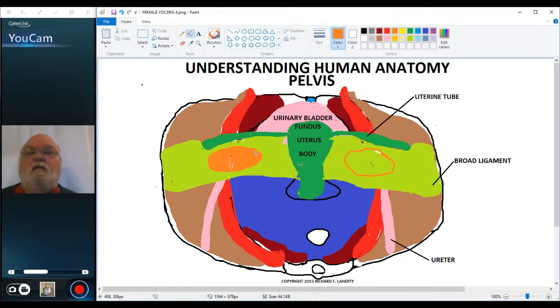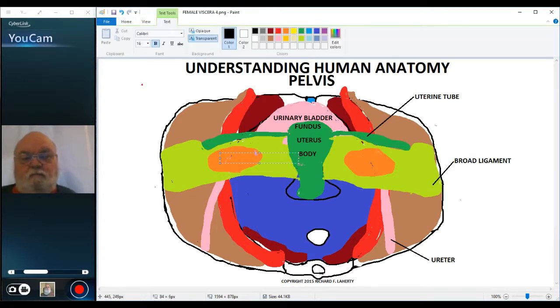And we will color them in, and we'll put a label on at least one of them. There.